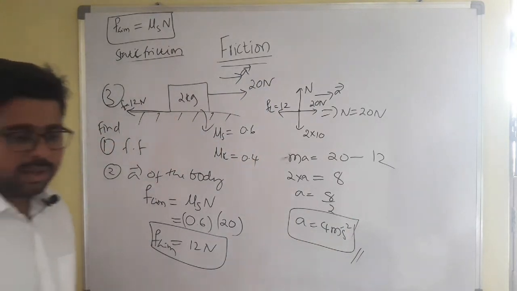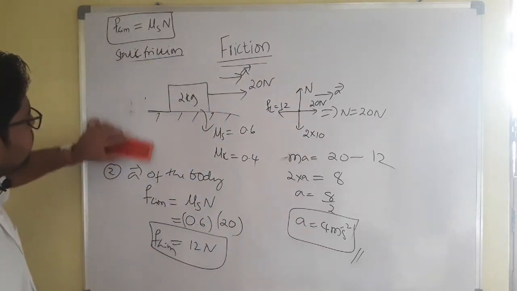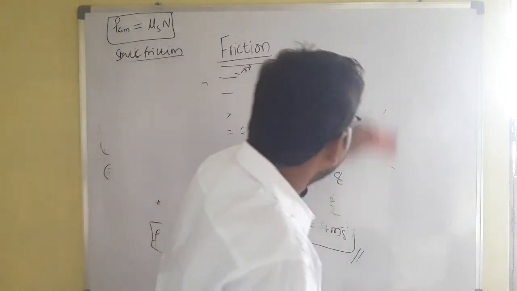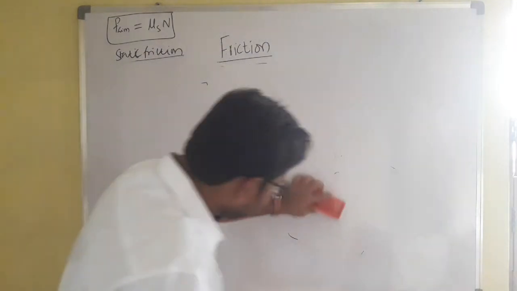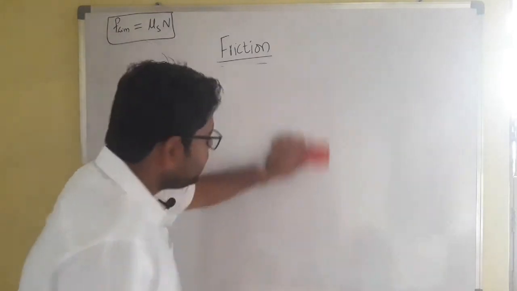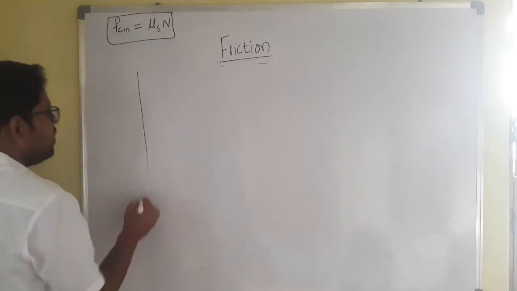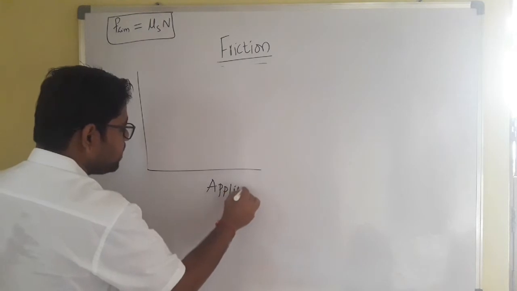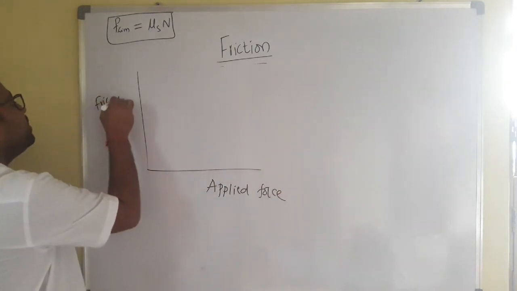Now if you see all these examples, we can conclude one thing. Graphically we can plot the variation of frictional force with applied force. If we consider that pushing example, you put applied force on the x axis and frictional force on the y axis.